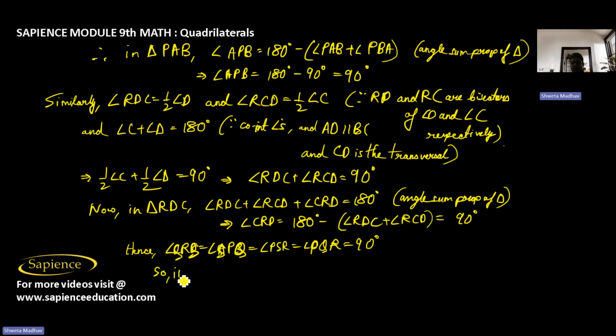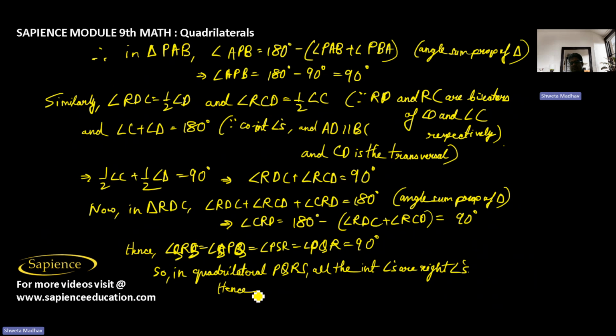So in quadrilateral PQRS, all the interior angles are right angles. So hence PQRS is a rectangle.